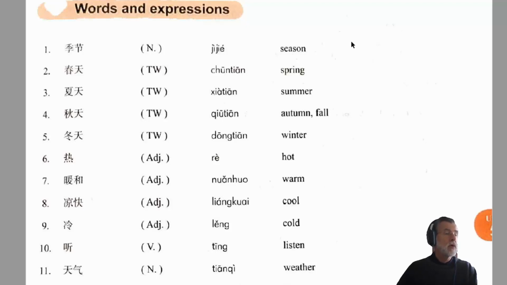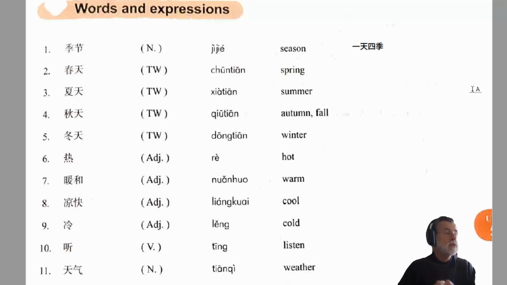In relation to Melbourne, there is a saying I think a lot of people who live in Melbourne know, which in English is four seasons in one day. And in Chinese that is 一天四季.